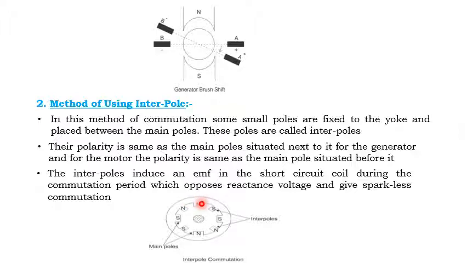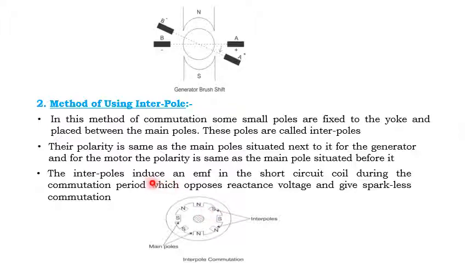So here the main pole is there, and the interpole is situated here. Here the main pole is there, the interpole is situated here. Since these two are main poles, these two are interpoles. But in the case of a motor, it is before the main poles.